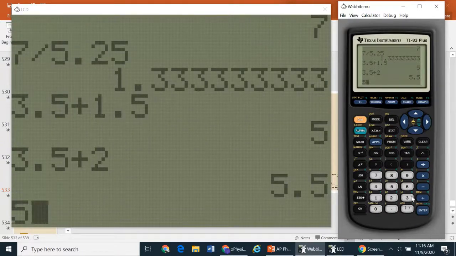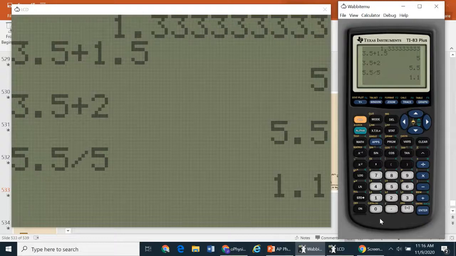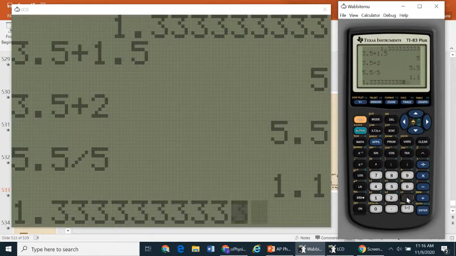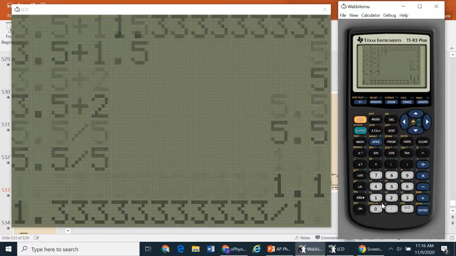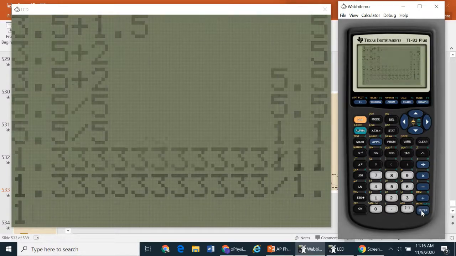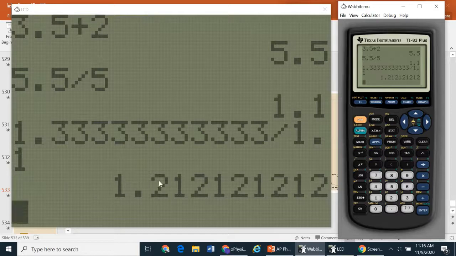And so now the denominator is only bigger than the old denominator by a factor of 1.1. And so by increasing the mass on the table, we've increased the size of the numerator in the equation for the tension force by 1 1/3, but we've only increased the denominator by 1.1. That means the overall tension is going to change by a factor of 1.2.